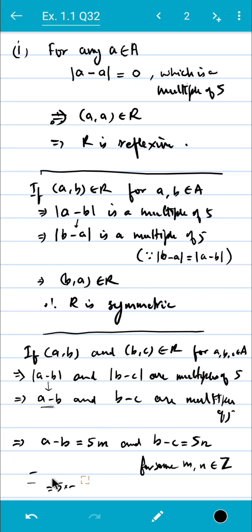So in this case also, m and n can be any value depending on A minus B and B minus C, but they're always of this form, 5m or 5n. Now that we have removed the modulus, we add these two.